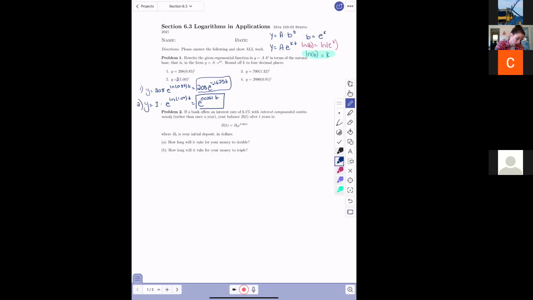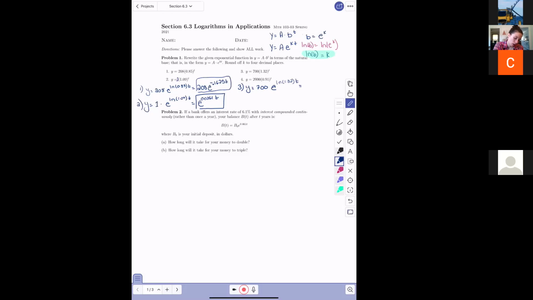Okay. Problem 3. We have y equals 700. Our initial condition stays the same. I multiply it by e and I raise it to the power of what? The natural log of 1.32, times t.